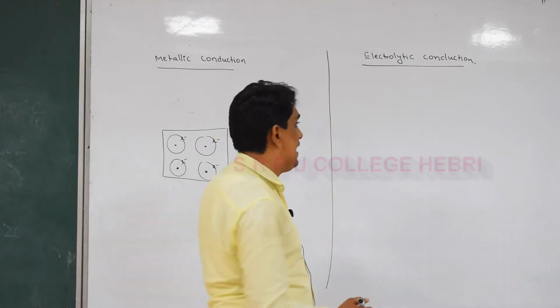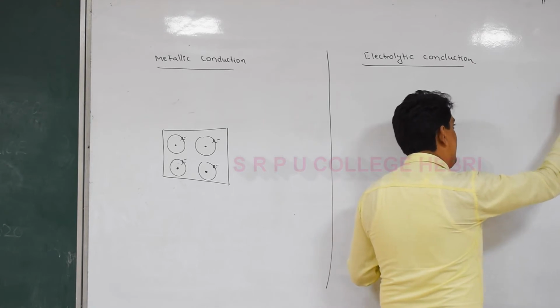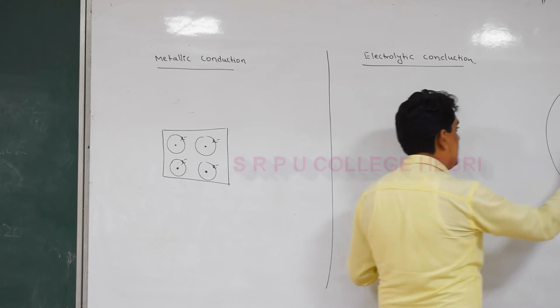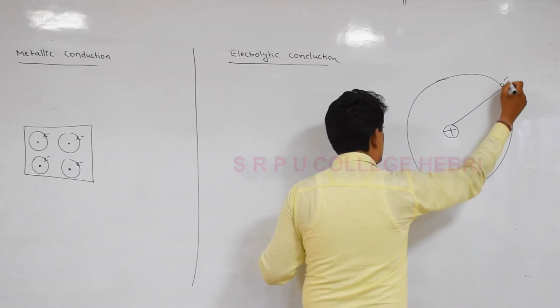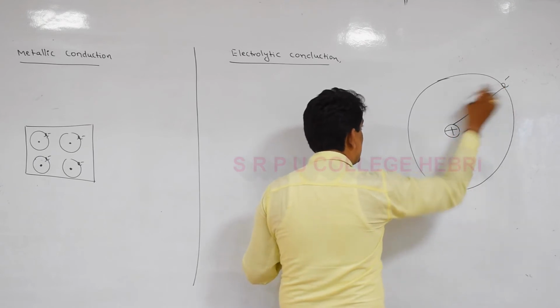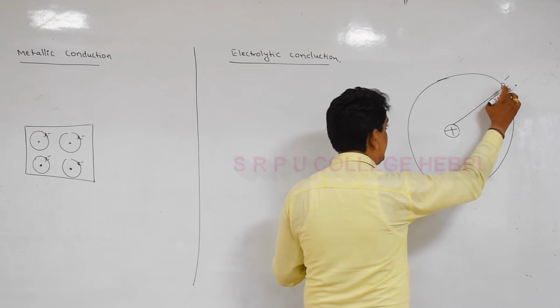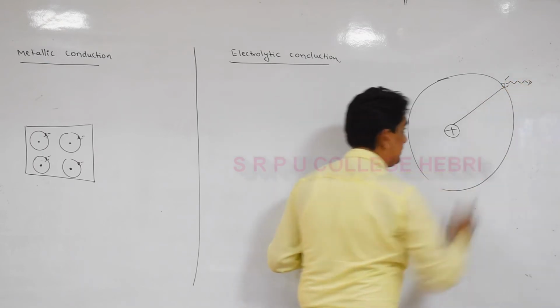When the atomic size of a metal atom is larger, the distance between the nucleus and valence electron is too large. When the distance is too large, the attraction is too weak. When the attraction is too weak, the electron is freely moving.